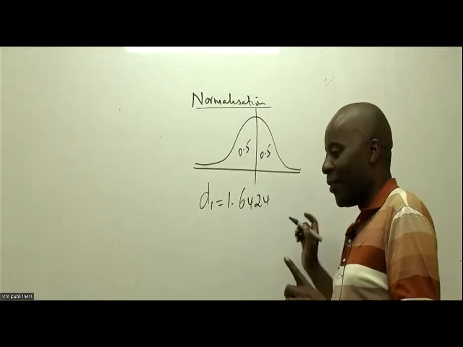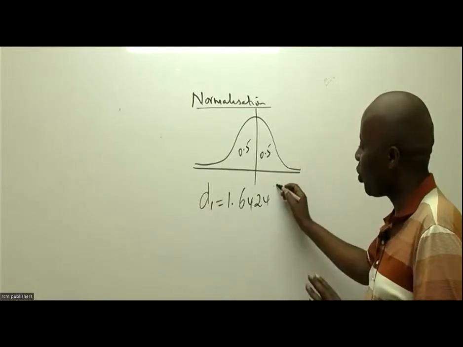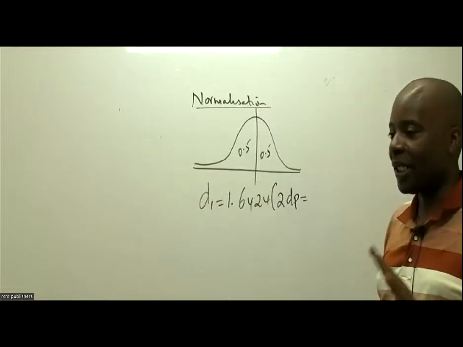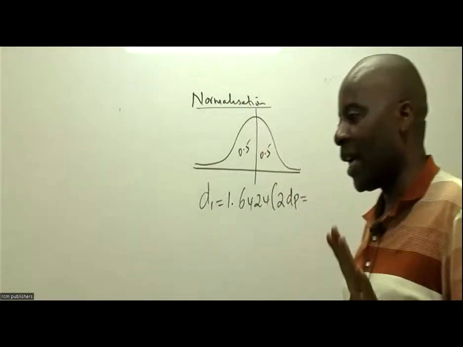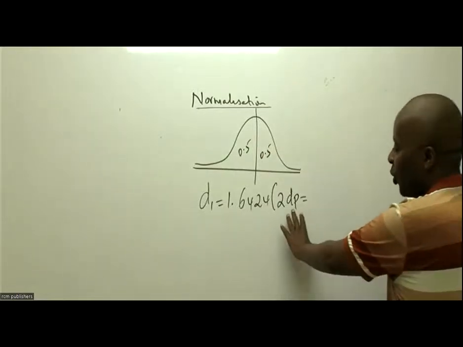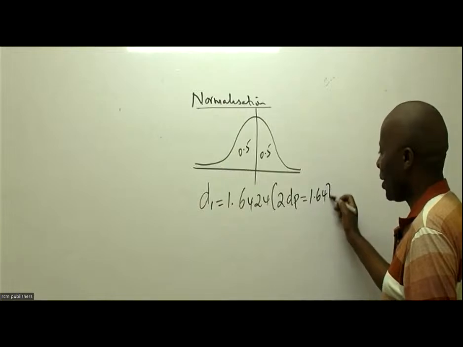Yes. Now remember, at the stage of normalization, we must round this off to 2 decimal places. So in this case, this is 1.64.